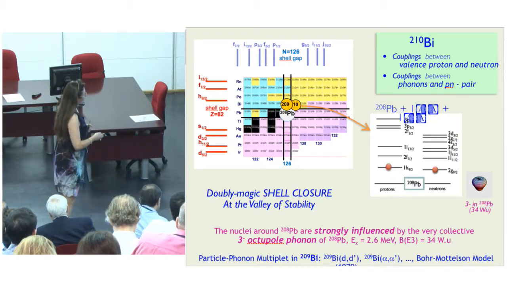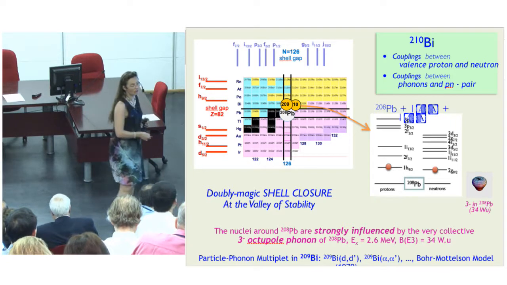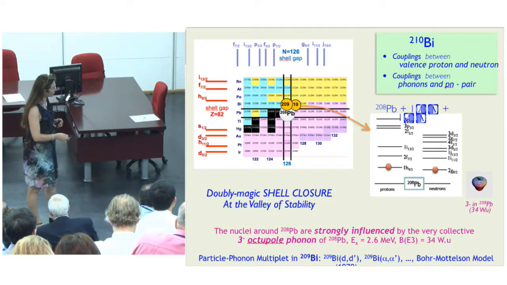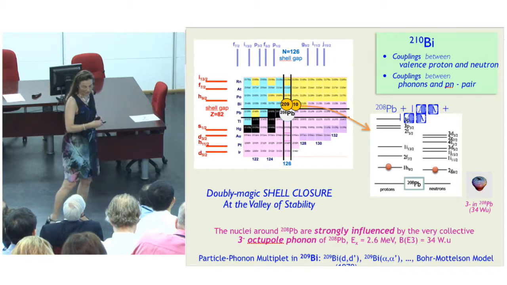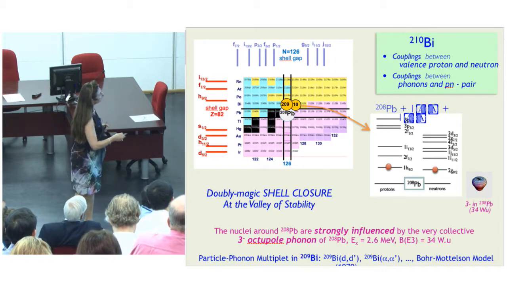And in fact, this is where, in bismuth-209, a multiplet of states arising from the coupling of the particle and the phonon in lead was observed for the first time, which gave rise to the development of the particle-phonon model by Bohr and Mottelson. Now we concentrate on bismuth-210 instead.